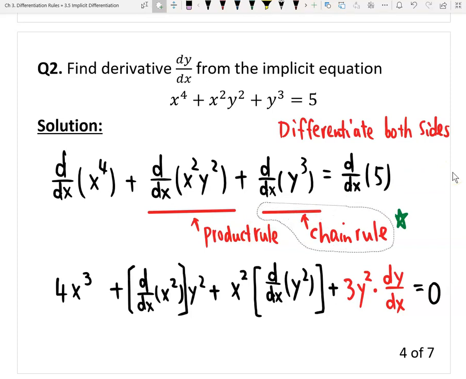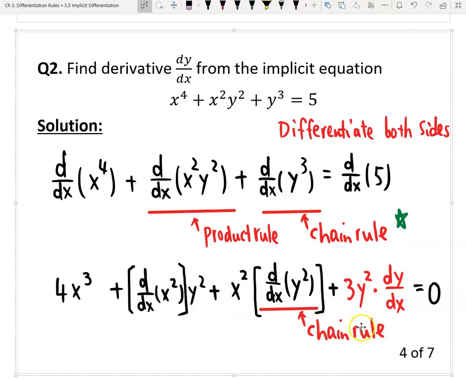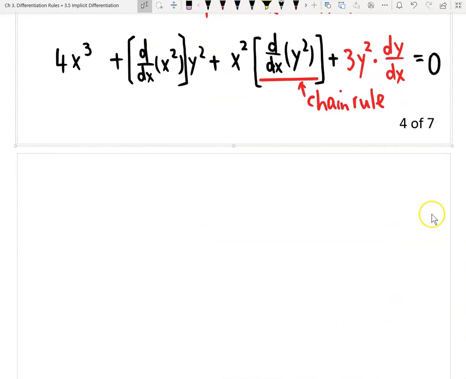We have to pay attention to this chain rule because y is a function of x. If I put it here, can you see? This is the chain rule. We have to use it again. Let me write down what we get. Here is what we get. So we wrote step by step first, so they are the same.